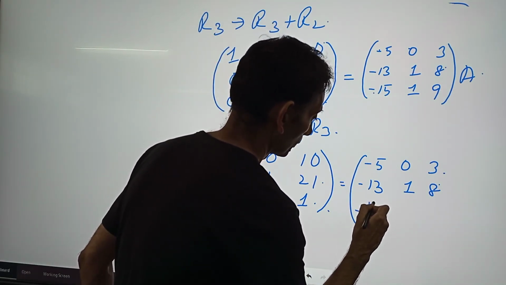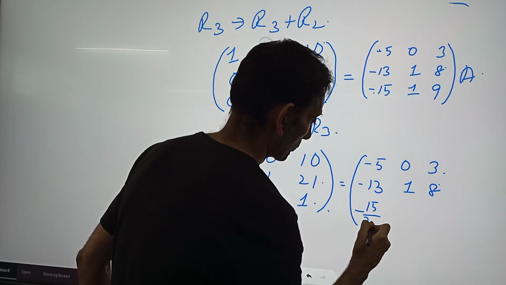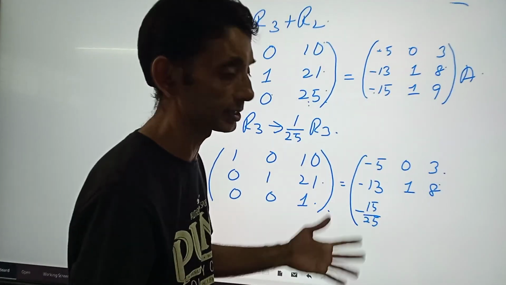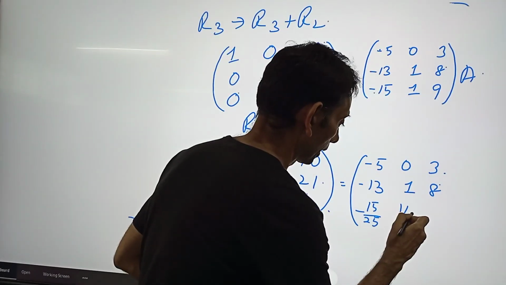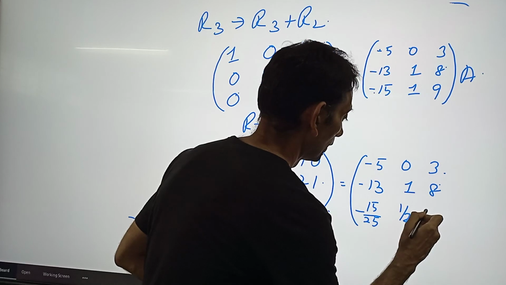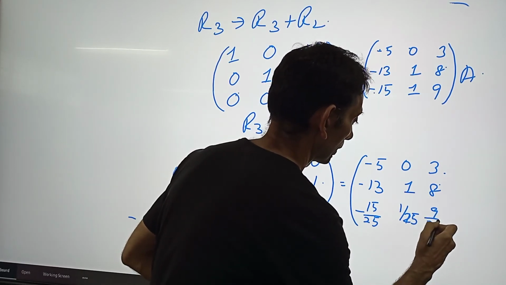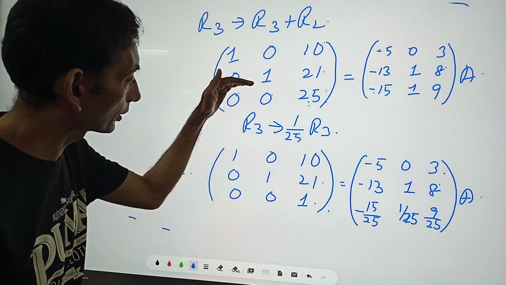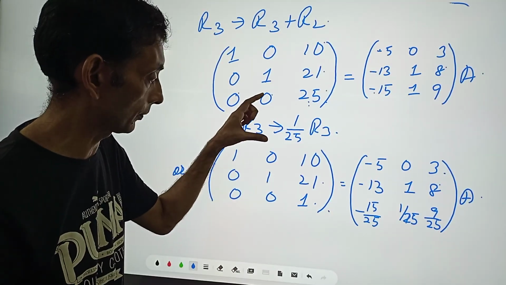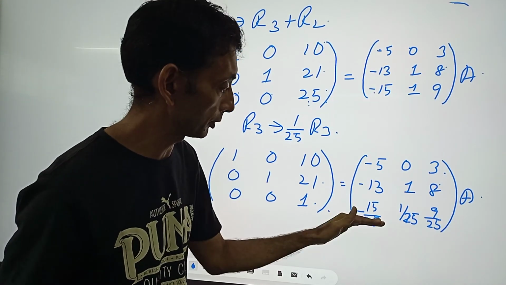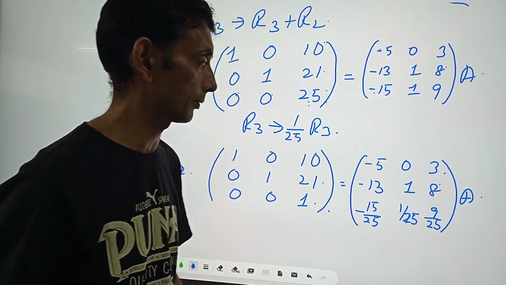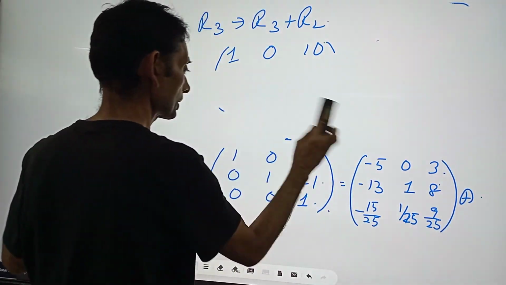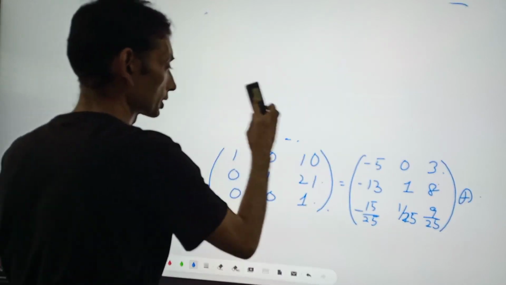So we'll just leave it 15 by 25 and simplify afterwards. This is 1 upon 25, and this will be 9 upon 25. Yes, this is 8. So the third row, multiplying by 1 by 25, it's 1. So it's minus 15 upon 25, 1 upon 25, and 9 upon 25. Done. Now we are coming closer to the answer.